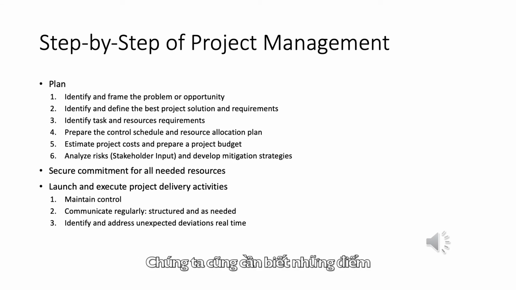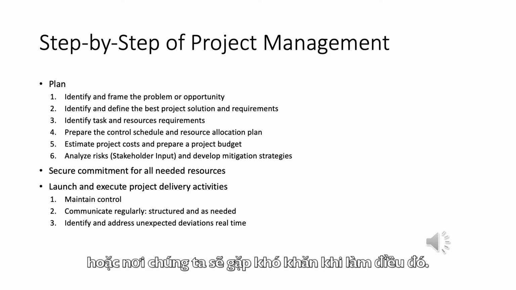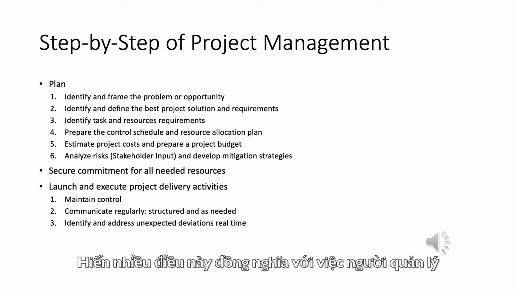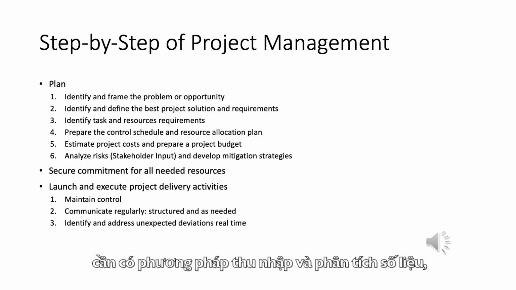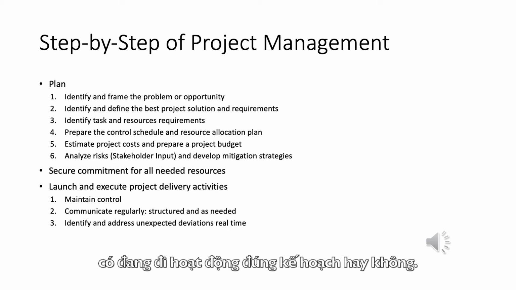And also we're trying to figure out where quality metrics are not being met easily or where we're having challenges doing that. The project manager needs to address these deviations as quickly as possible to get the project back on track. And of course, what that means is the project manager needs ways to collect data and to analyze data in order to determine whether things are on track or off track.